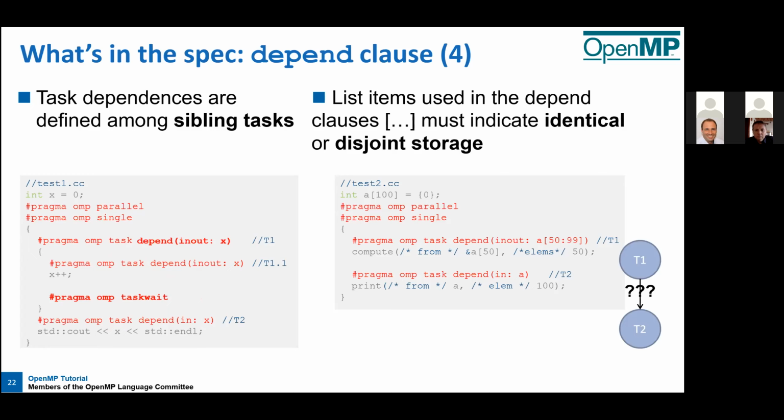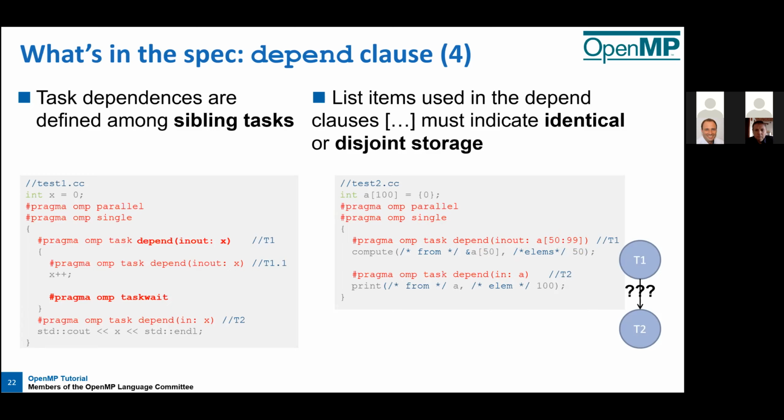The other thing, which is especially relevant to arrays, is that you either specify identical or disjoint storage in the dependency. So if you have an array section up here that describes that this dependency is valid for array elements 50 to 100, or 99 elements, then this is different from specifying A, the whole array.